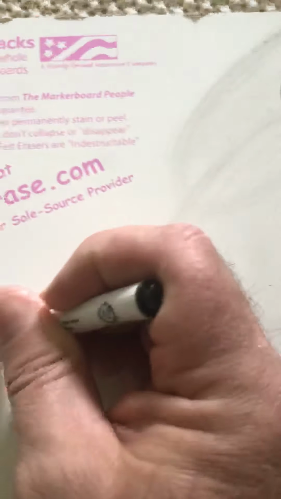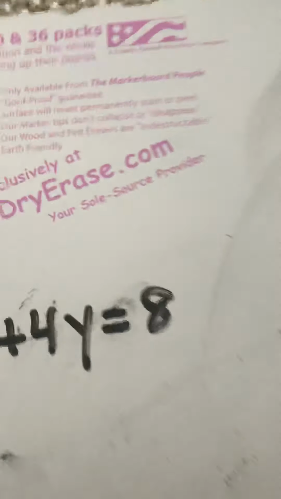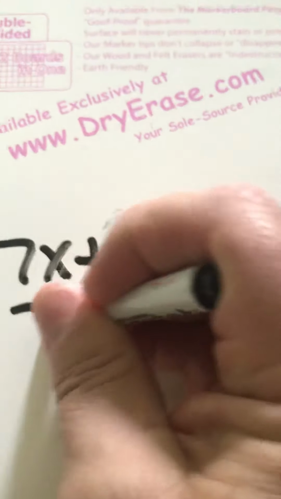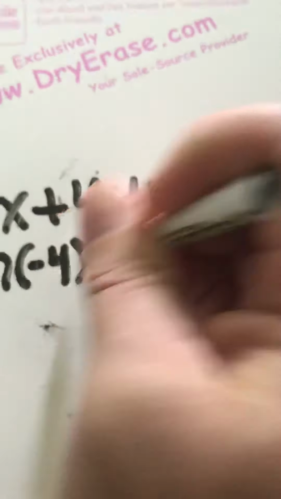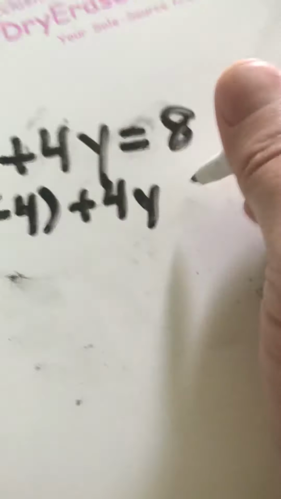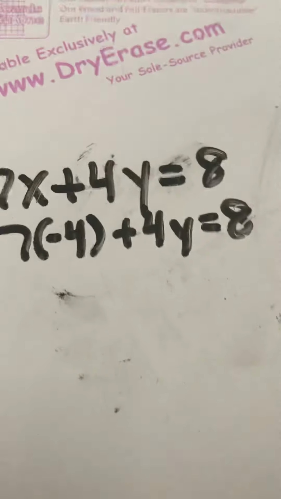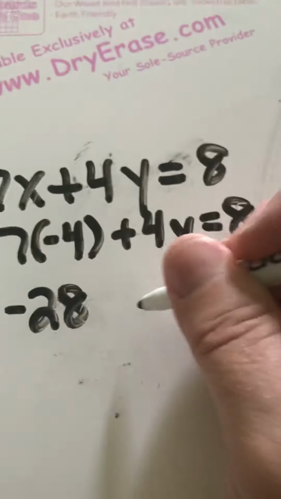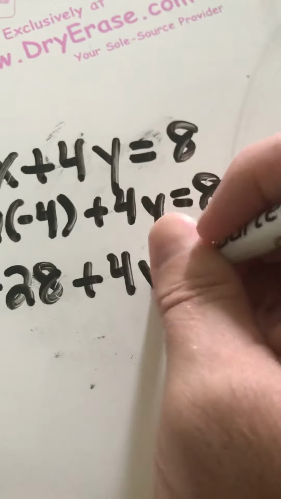So let me just go over here and show that. So remember we said x was negative 4, so I'm just going to replace the x with negative 4 and then solve for y, and I'll have my answer to the system. So 7 times negative 4 is negative 28 plus 4y equals 8.